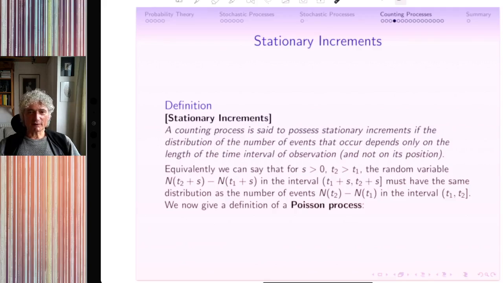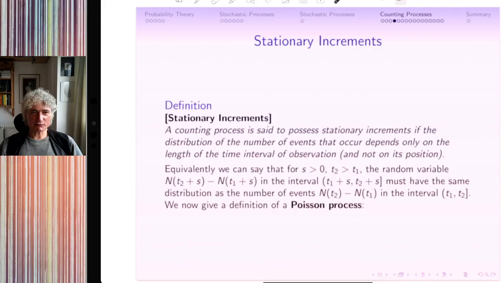So what we can say equivalently is that for some time s larger than 0 and some time t2 larger than t1, the random variable defined by the difference N(t2 + s) minus N(t1 + s), in the interval going from time t1 + s up to time t2 + s, must have the same distribution as the number of events N(t2) minus N(t1).